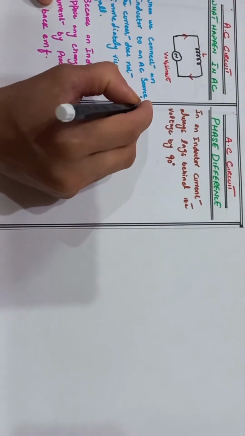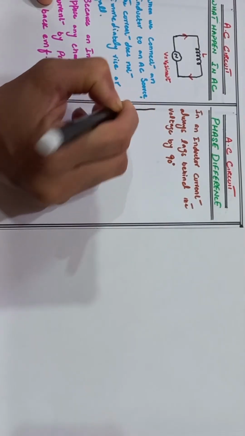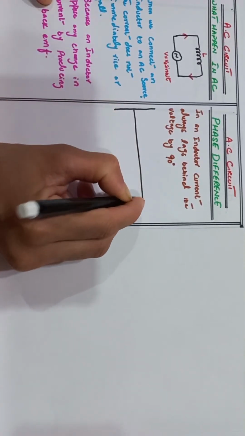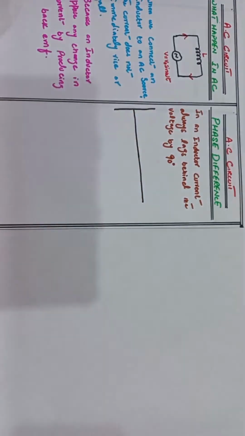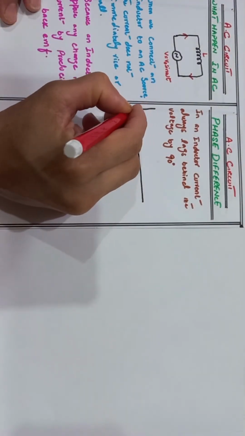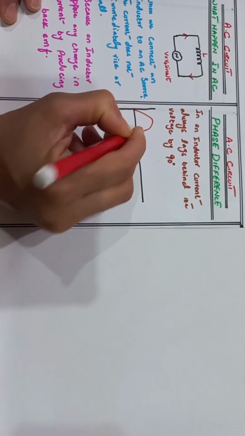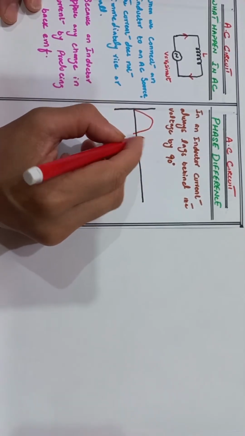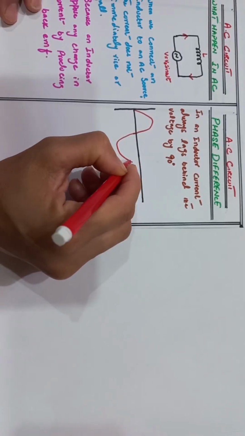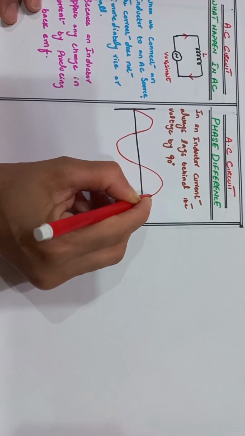Now here we draw the diagram of how the current lags behind the voltage. First we draw the graph of the voltage when it is applied to an inductive circuit.